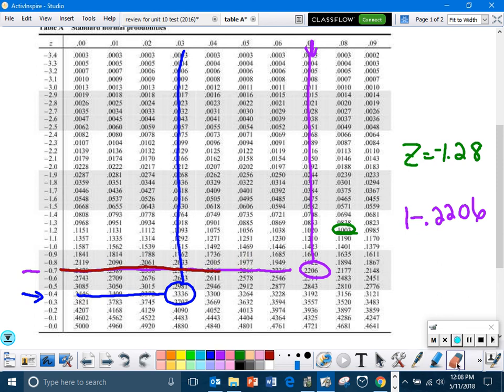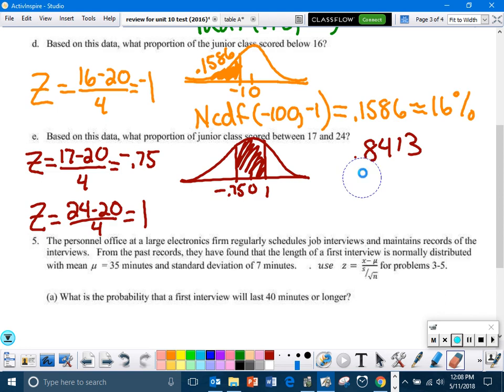Let me erase again, right here. 0.2266. Subtract them, and I believe we should get .6147.